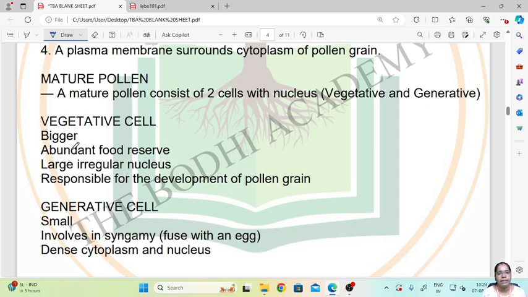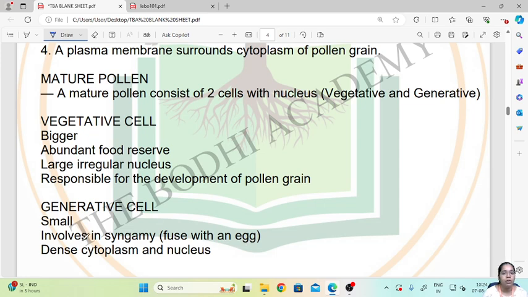It has exine, intine, germ pore, and the two nuclei: the vegetative cell, which is bigger, has abundant food reserve, a large irregular nucleus, and is responsible for the development of the pollen grain, and the generative cell, which is small. This is involved in the fusion with the egg.